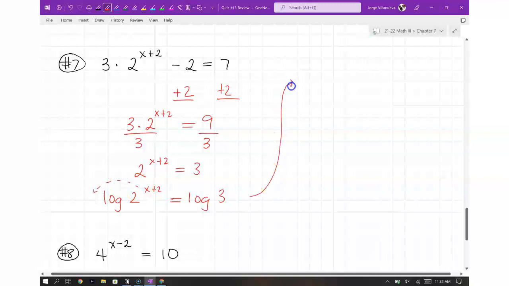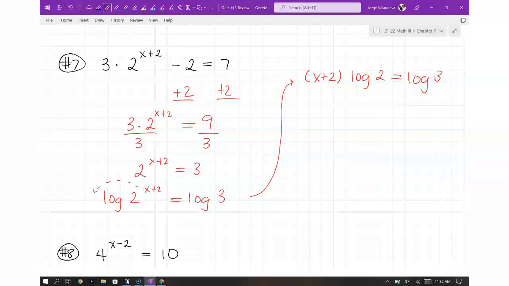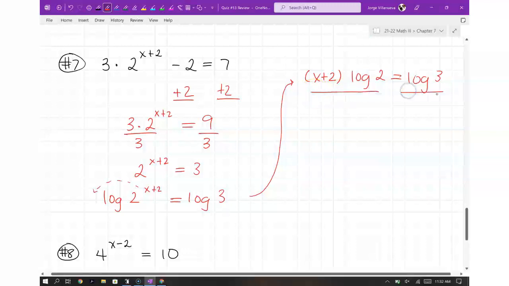So to show that work here, that's x plus 2 times log of 2 equals log of 3. Just like we did in the previous example, I want to get my x plus 2 by itself. Let's get rid of that log of 2, so we're going to divide it out. So it's going to be x plus 2 equals log of 3 over log of 2.